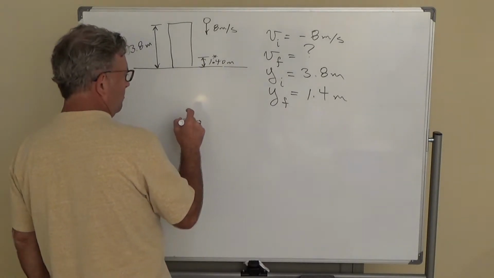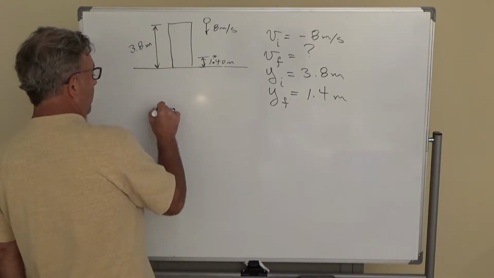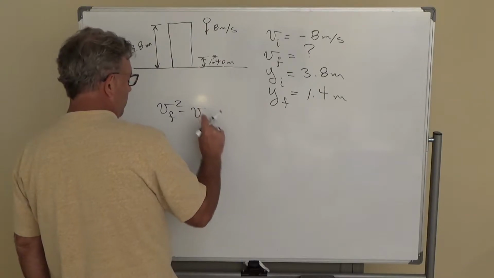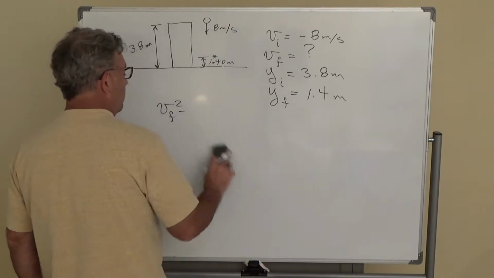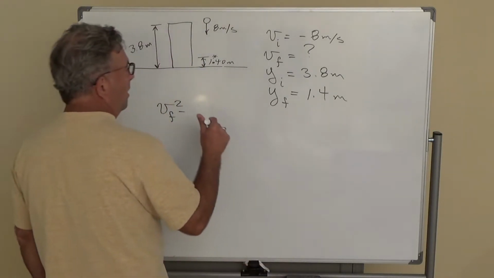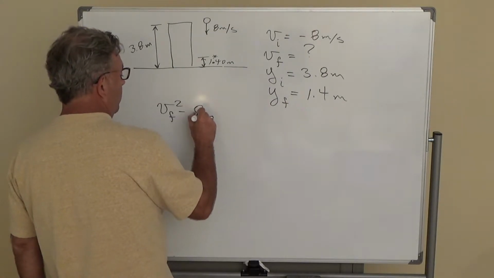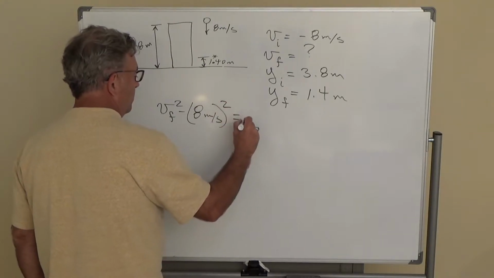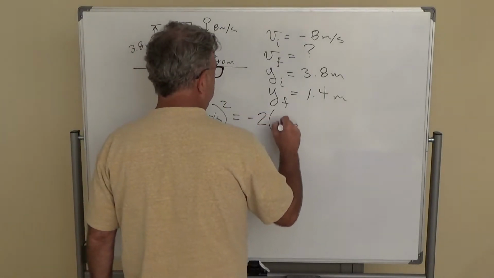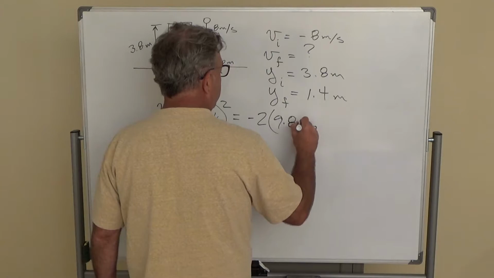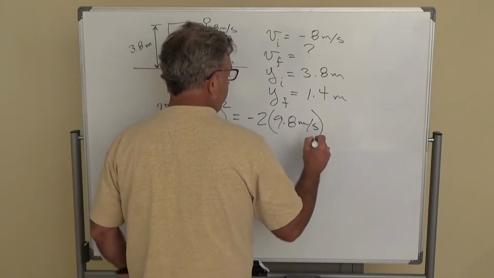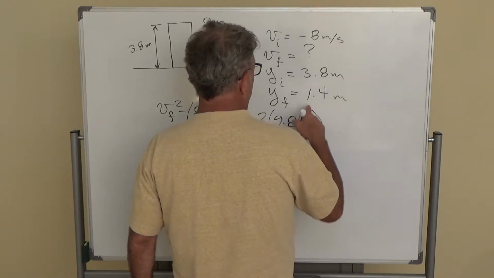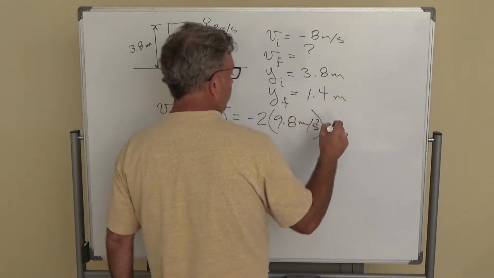So you get V final squared minus negative 8 meters per second squared is equal to minus 2 times 9.8 meters per second squared times Y final minus Y initial.